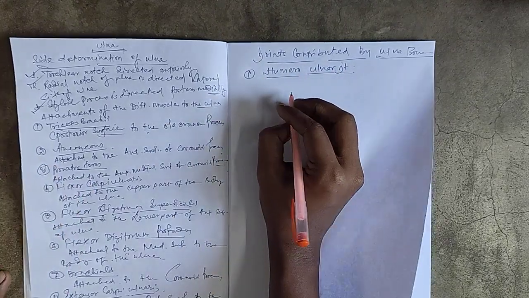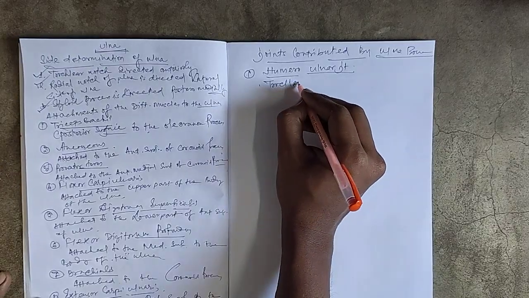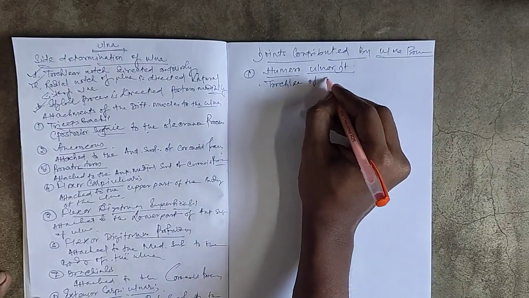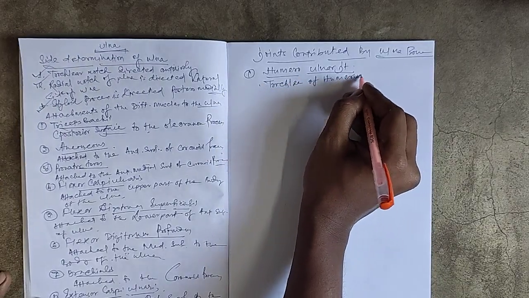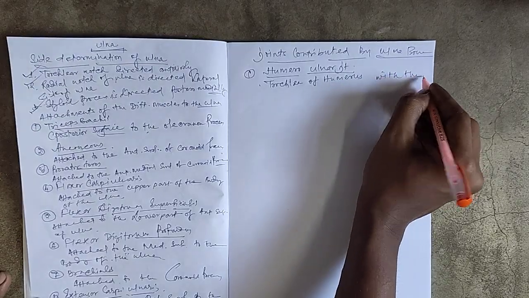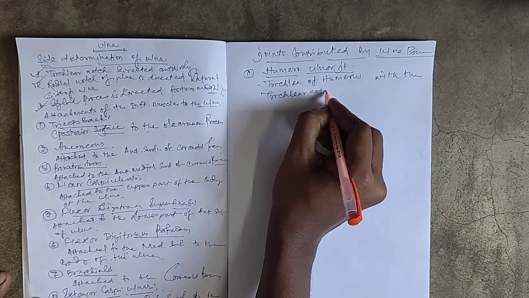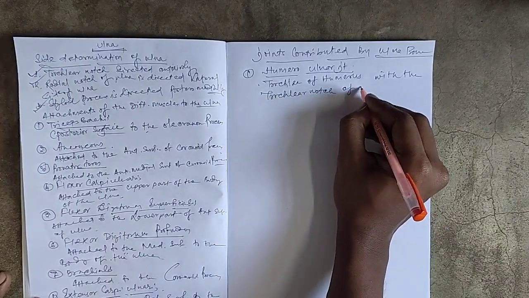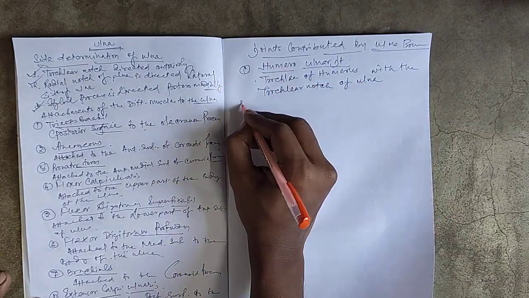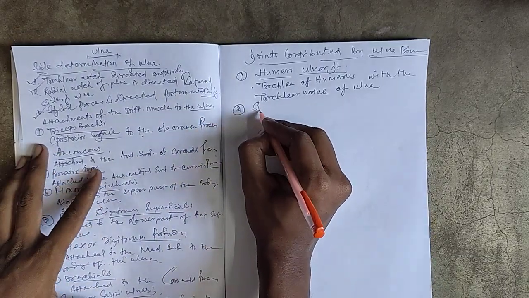This joint is formed between the trochlea of the humerus and the trochlear notch of the ulna.